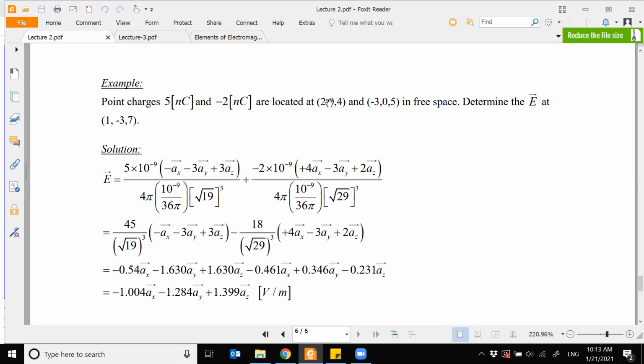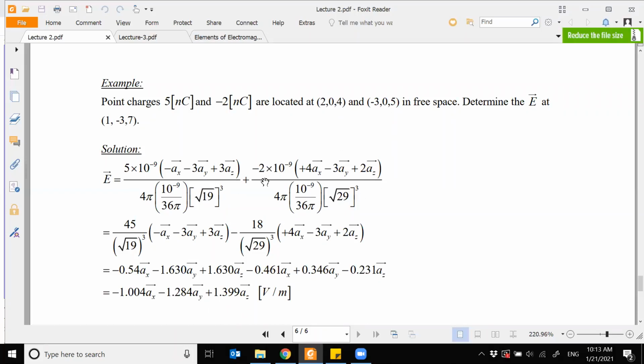So it is 1 minus 2, which is minus 1 aX, minus 3 minus 0 is minus 3 aY, 7 minus 4 is 3 aZ. So this is position vector R minus position vector R1, divided by 4 pi epsilon times the modulus of this, which is root of 19, times Q.